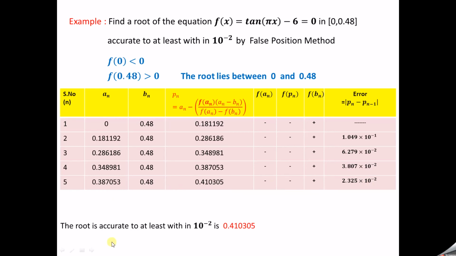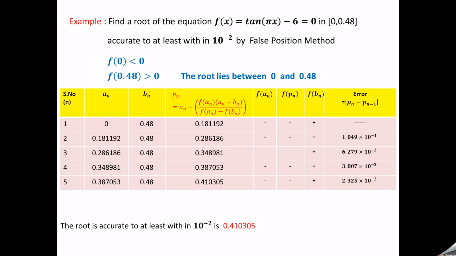So the approximation of the root accurate to at least within 10 power minus 2 is 0.410305. The same problem by the secant method diverges, whereas in the false position method it converges. So this is how we apply the false position method.